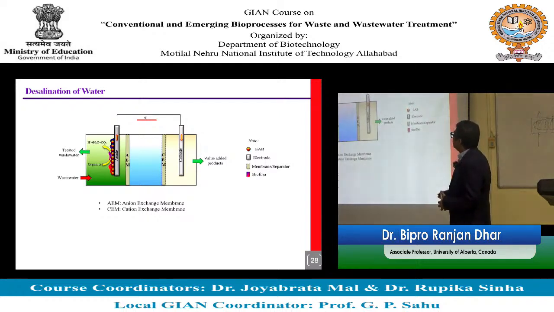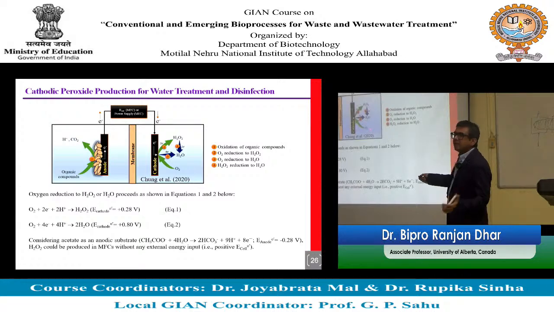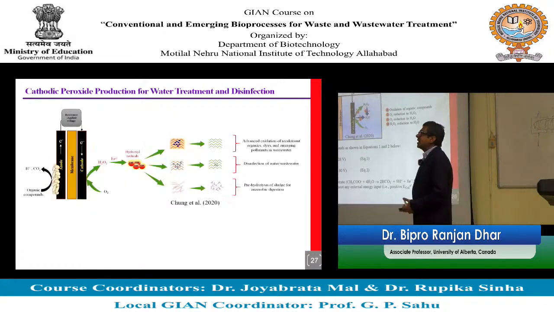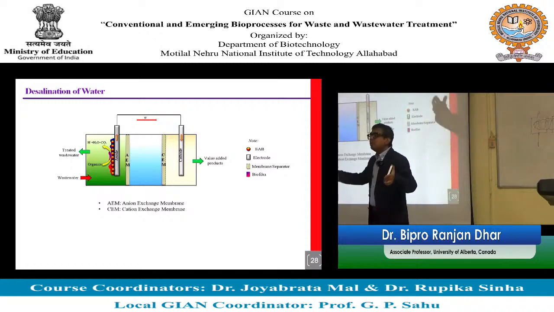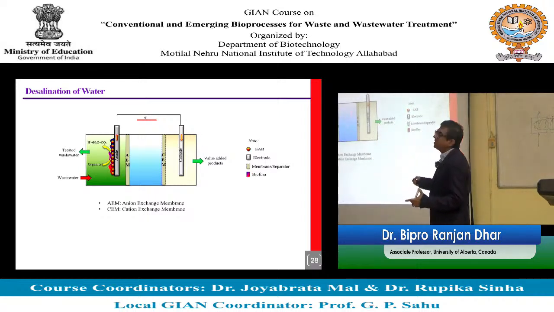For desalination, instead of 2 chambers, so far what we have seen is 2 chambers, anode and cathode, but between the anode and cathode chamber we can introduce a third chamber. And why a third chamber? The third chamber can be used for desalination.